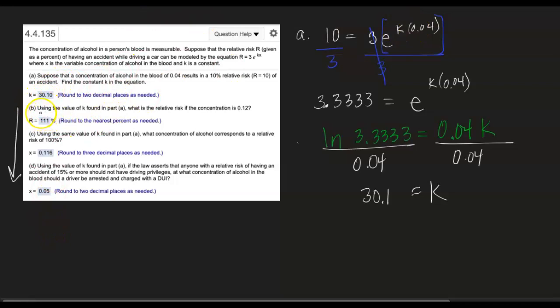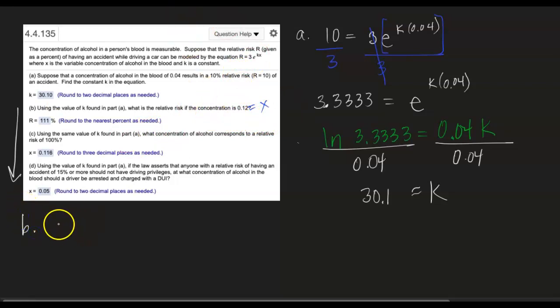So in the next part, part B, using the value of k, we've already found, what's the relative risk if the concentration is 0.12? So that's an x value. In other words, if this is x, solve for r. What is r?